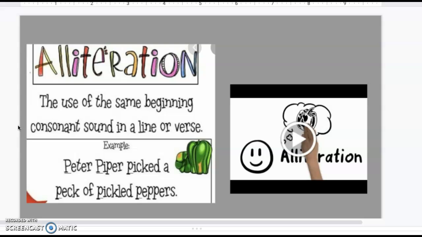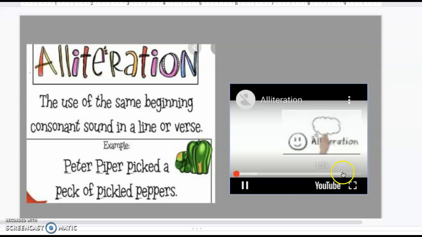Here are some examples of alliteration, and it also talks about poems that use alliteration. I want you to pay attention to that because soon we will start writing poems using alliteration.